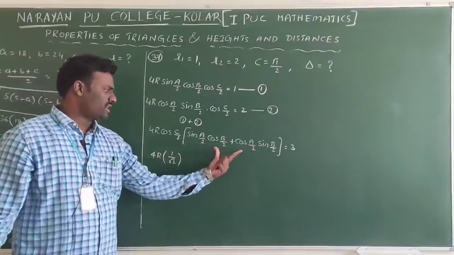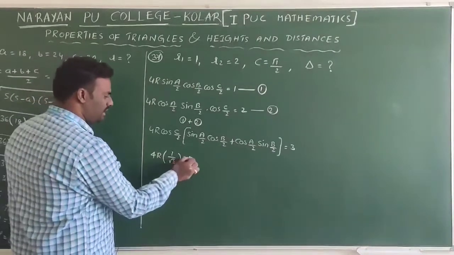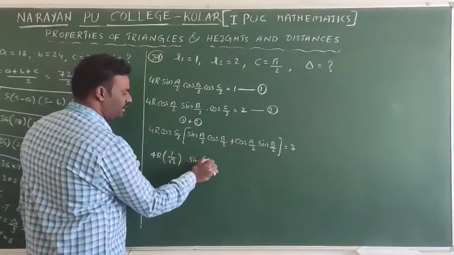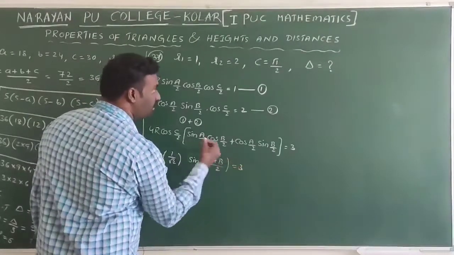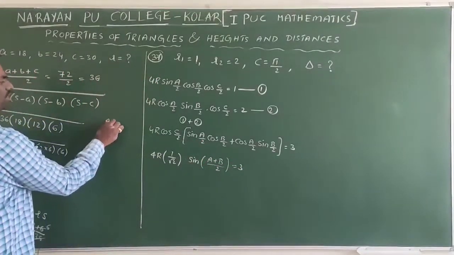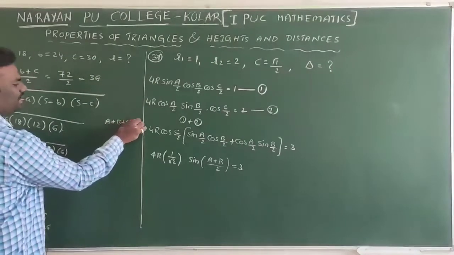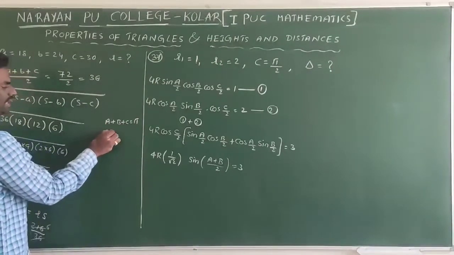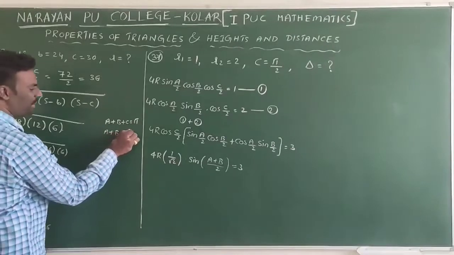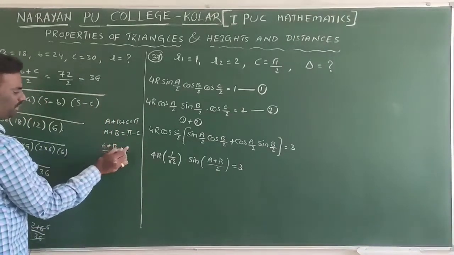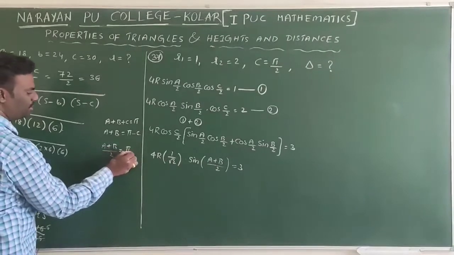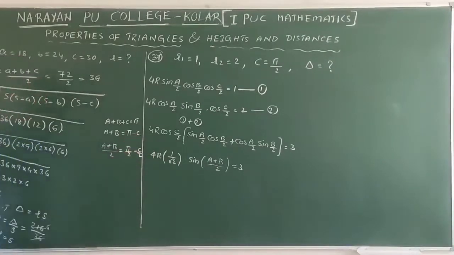This is in the form of sin a cos b plus cos a sin b, so I can write sin of (a plus b) by 2 equals 3. Already we know the sum of angles in a triangle is 180. From this I can write a plus b equals pi minus c. Then (a plus b) by 2 is equal to pi by 2 minus c by 2.